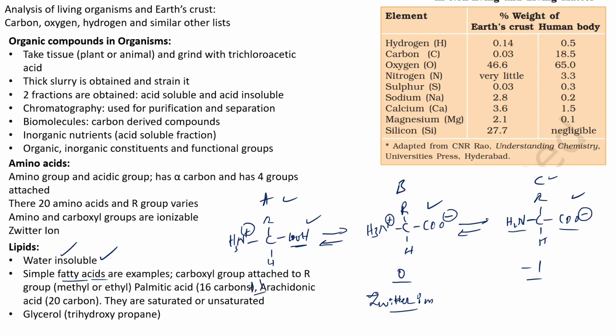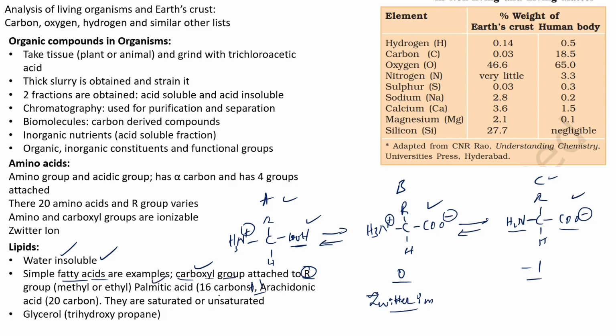Generally, the carboxyl group, that is the COOH group, is attached to the R group, and fatty acids are classified based upon the number of carbons, including the carboxyl group. An example mentioned over here is palmitic acid.